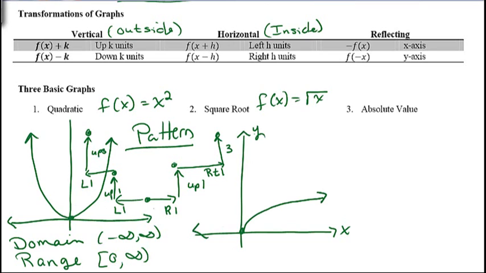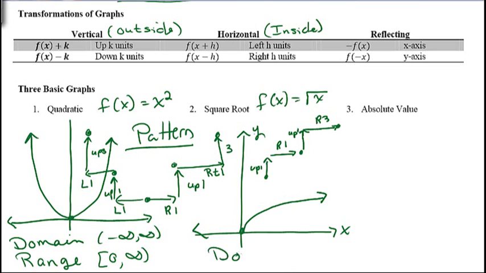Instead of going right and left, you're just going to go up 1. So from the basic point you go up 1, right 1, and then you would go up 1 more, and then right 3. Okay, and that will give you 3 points on this graph.